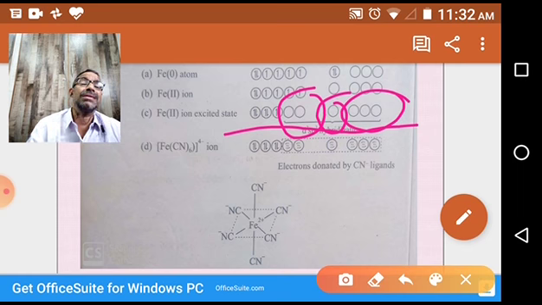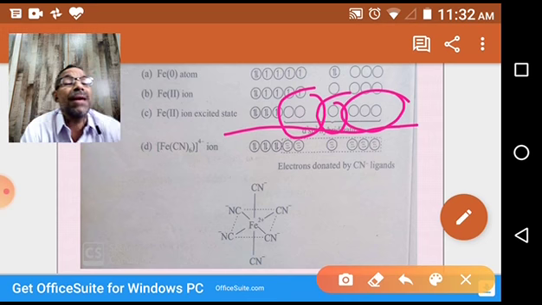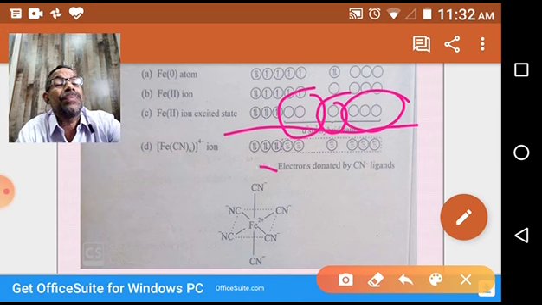So these 6 d2sp3 orbitals overlap with the filled orbitals of ligands. Due to this interaction of vacant orbitals and filled orbitals, bond formation takes place from ligand to metal. So the electron pair shifts from ligand to metal. Due to this, 6 coordination bonds form. Due to this, the complex exhibits what?